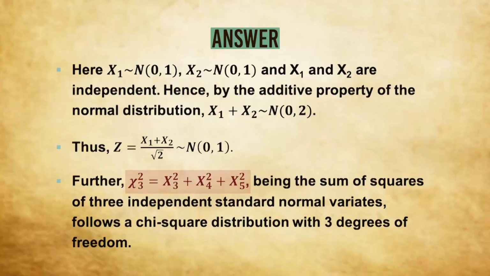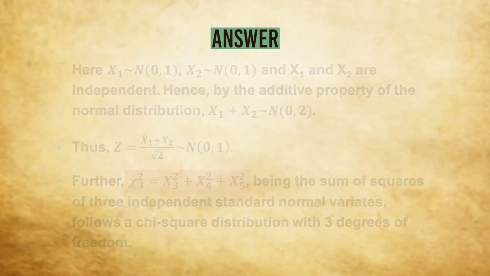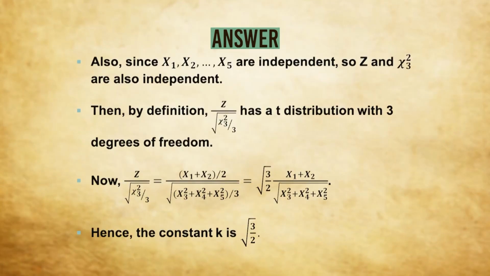We have X3, X4 and X5, which are standard normal. So X3 square plus X4 square plus X5 square will follow a chi-square variate with 3 degrees of freedom. So in the denominator, we will keep the square root of (X3 square plus X4 square plus X5 square) divided by 3. So ultimately we have (X1 plus X2) by root 2 divided by root over (X3 square plus X4 square plus X5 square) by 3. So the constant will come out as root over 3 by 2.